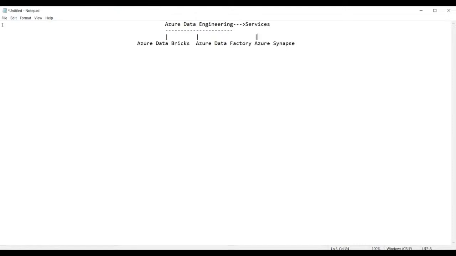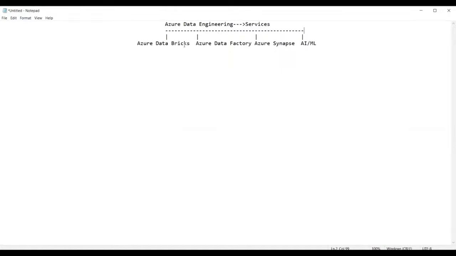Many services are there, but I'm listing a few of them. We also have Azure Artificial Intelligence, or AI, which we can also refer to as ML, machine learning. These are all the services packed into Azure Data Engineering. That means data engineering means end-to-end solutions for the data.